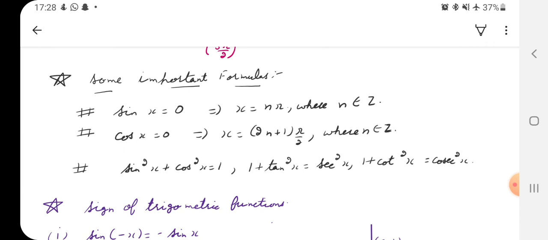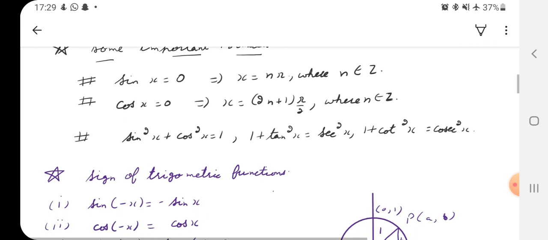Next is cos x equals 0 implies x equals (2n plus 1) pi by 2. That means x will be an odd multiple of pi by 2.